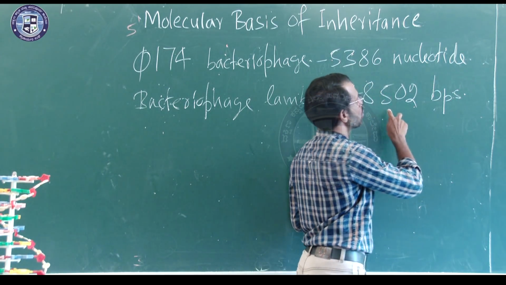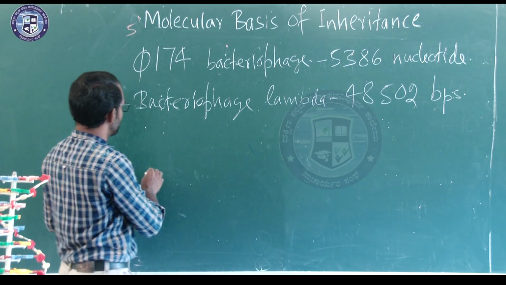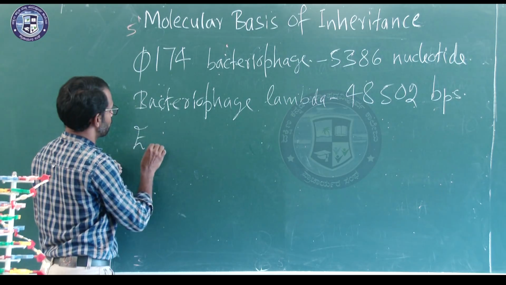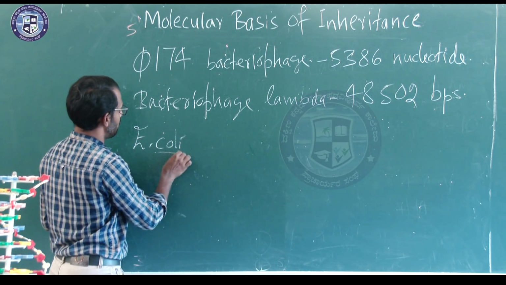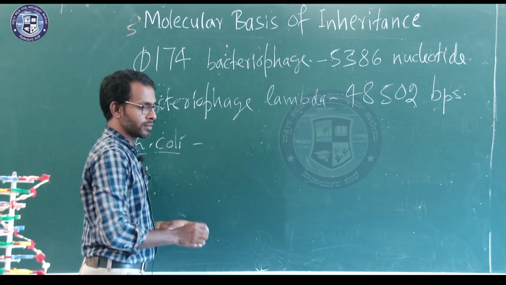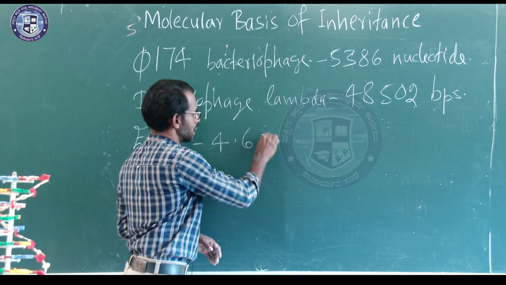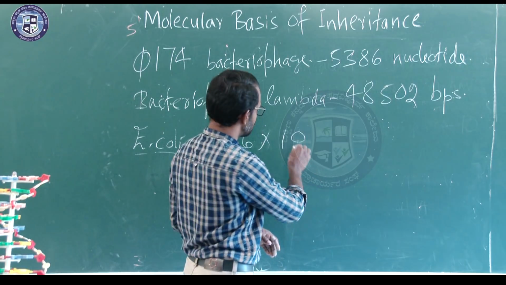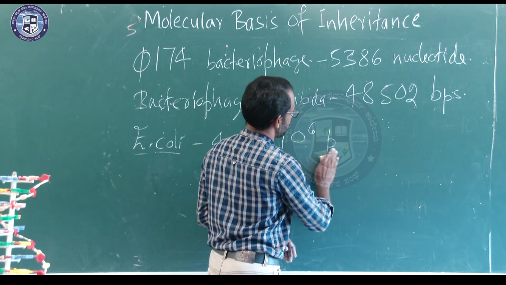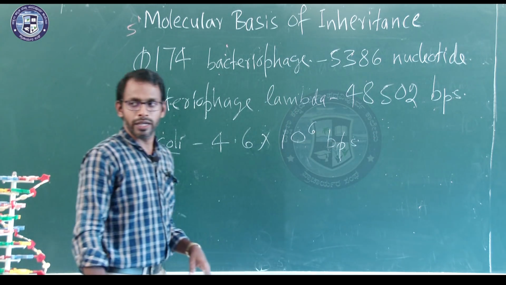When it comes to the nucleotides, it will become double. And the very common, most discussed Escherichia coli bacteria has 4.6 into 10 to the power 6 base pair length of DNA.